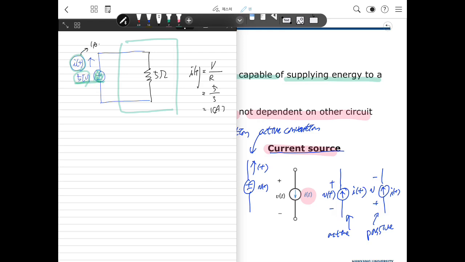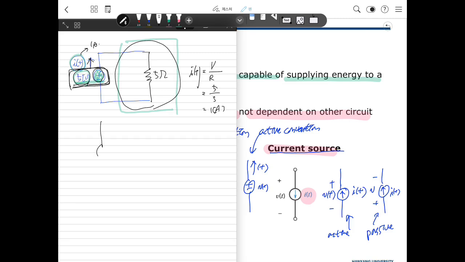So in this circuit, the voltage is determined by this source because this is the voltage source. But the current flowing through this voltage source is not determined by that value. It is determined by that value and other circuits. So the voltage source determines only the voltage, not the current.